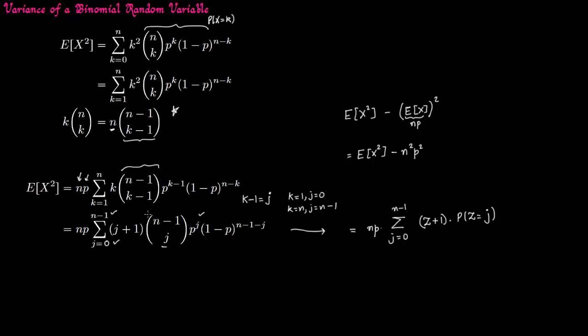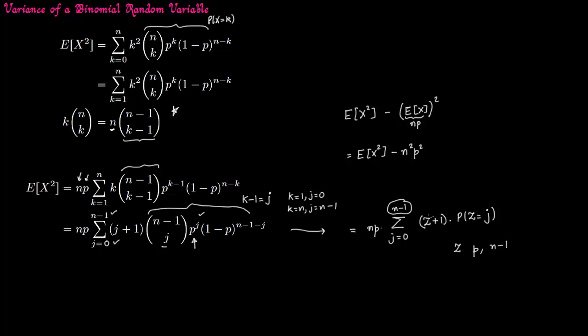So this is the associated probability of z equals j. Now this means that z is a binomial random variable, and its parameters are p, the probability of success, and the number of trials n minus 1.